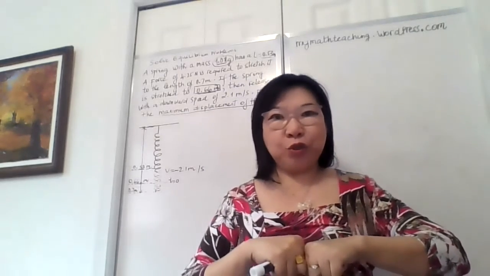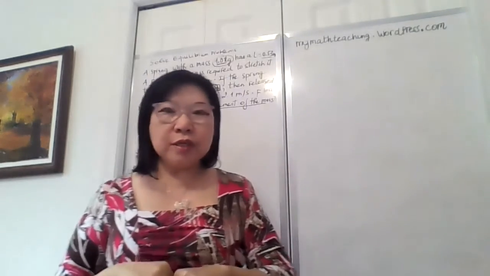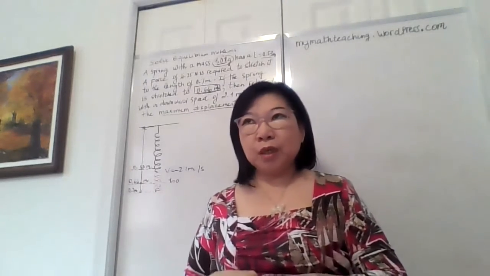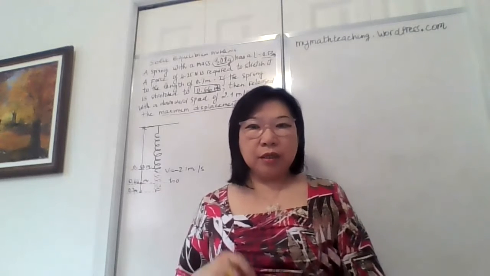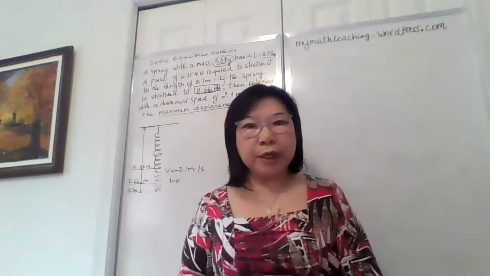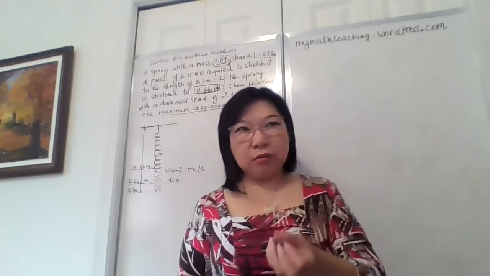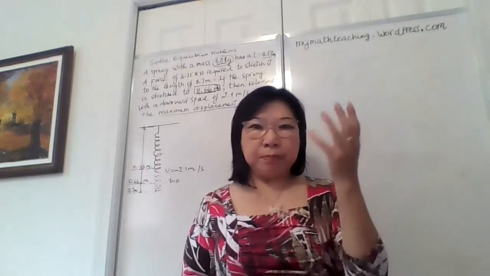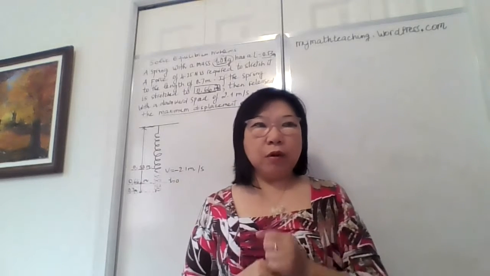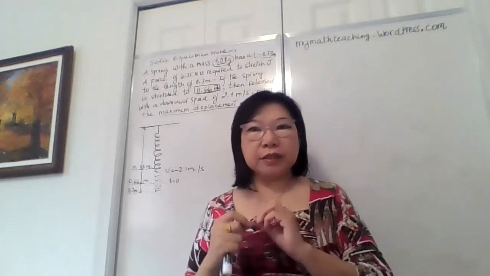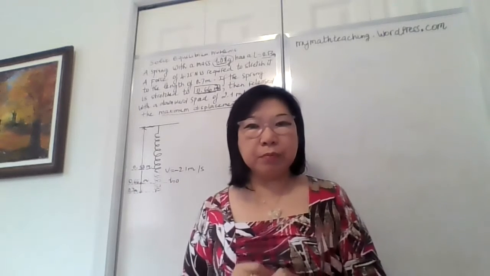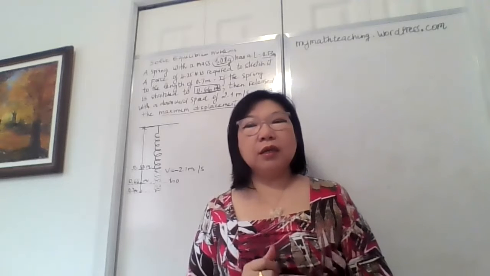Now, in Newton's second law, because of that, we know that if we stretch the spring, the force pulling it down equals the force pushing it up. And therefore, the equal magnitude gets the spring back to the same initial position.